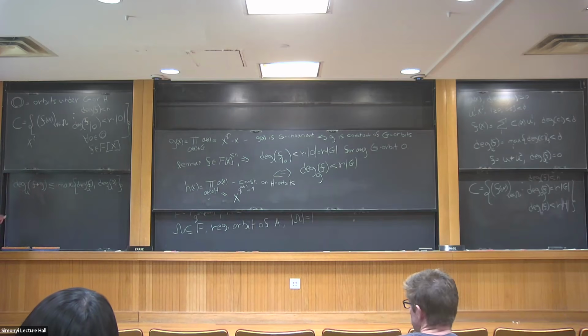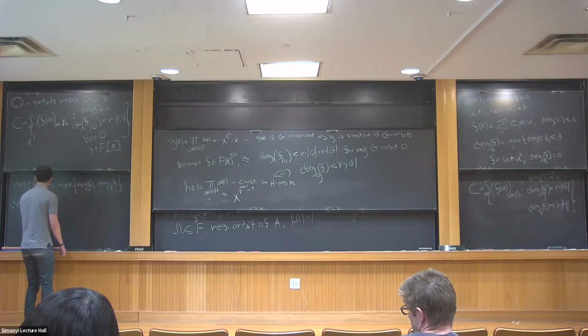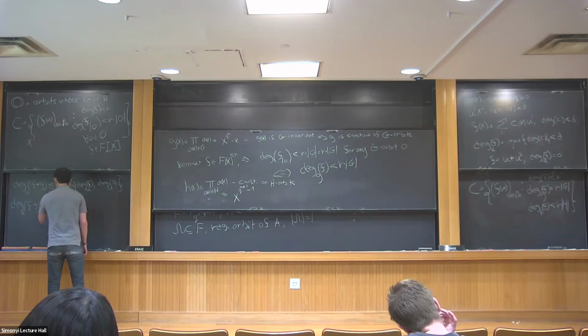This is easy to prove. Another question: what happens with multiplication? What is the U-base degree of the product of two polynomials?